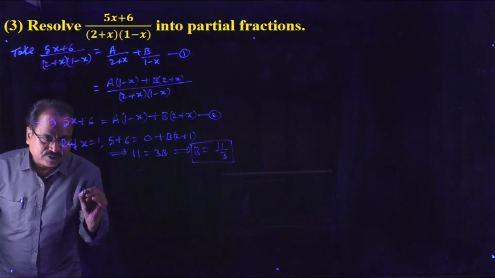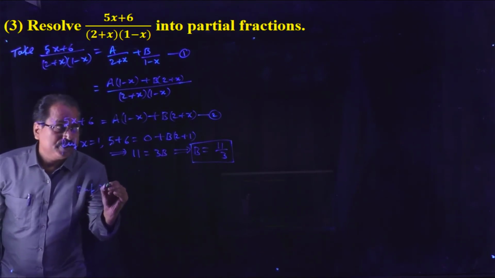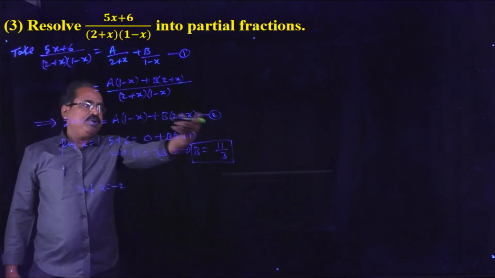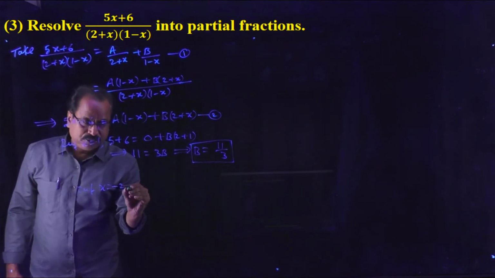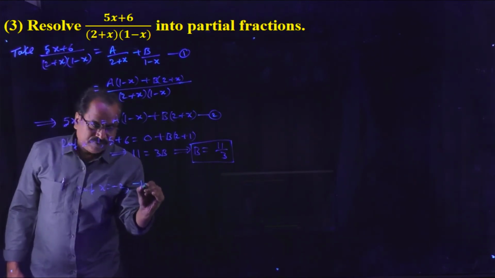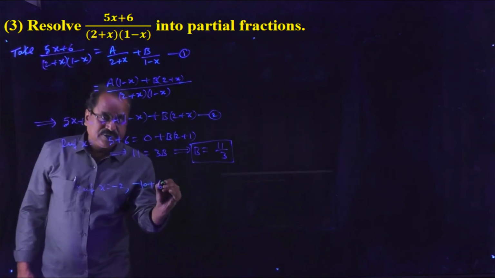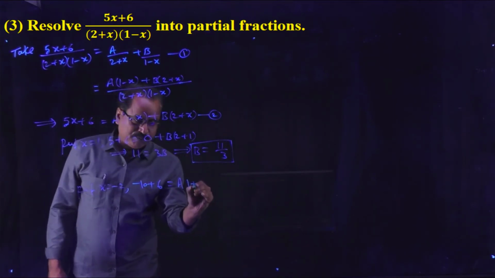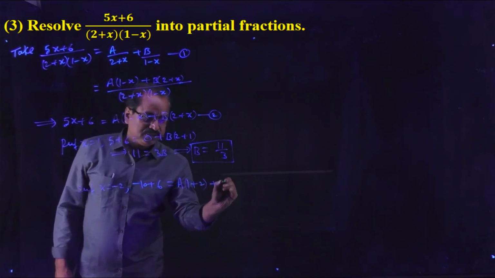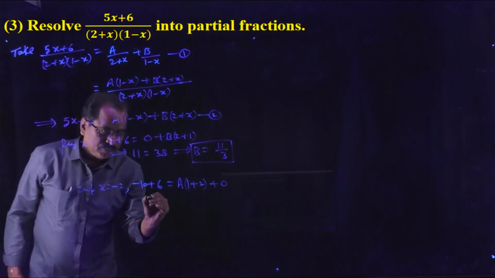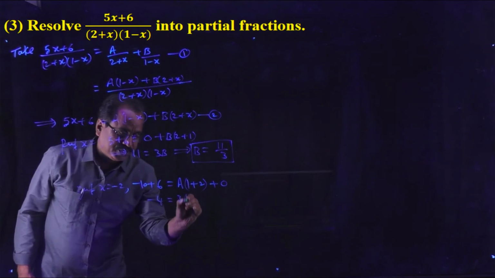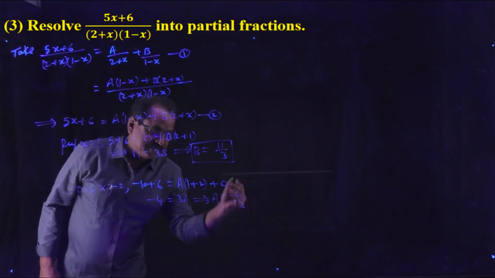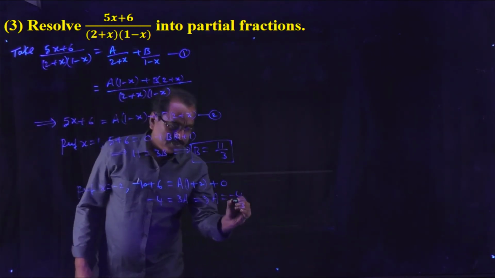Next, put x = -2, since 2 + x = 0. Then -10 + 6 = a(1 - (-2)) + 0, that is -4 = 3a. This implies a = -4/3.